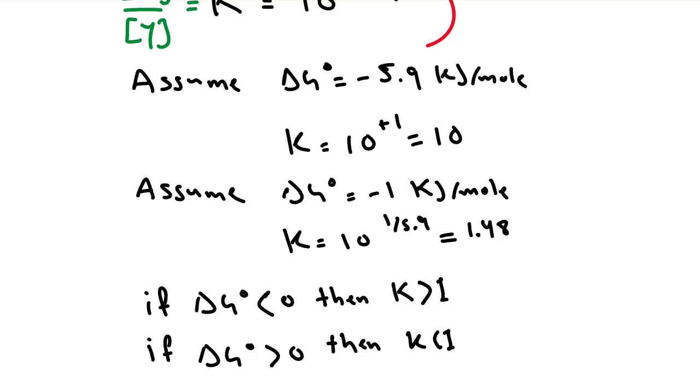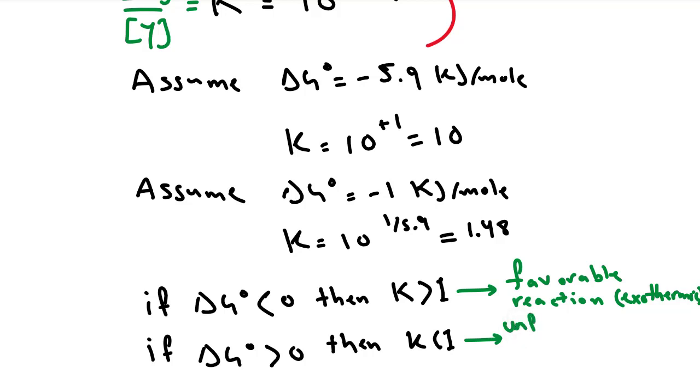So if delta G standard is less than 0, then K is greater than 1. This is a favorable reaction, or exothermic. If delta G standard is greater than 0, then K will be less than 1, and this is an unfavorable reaction, or endothermic. Right?